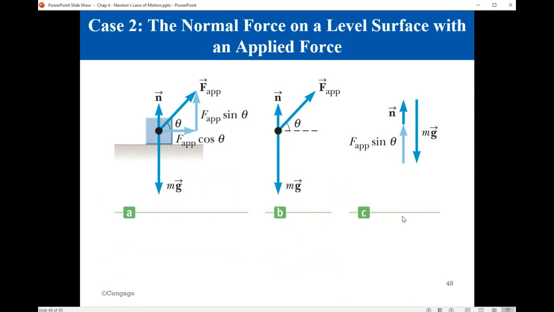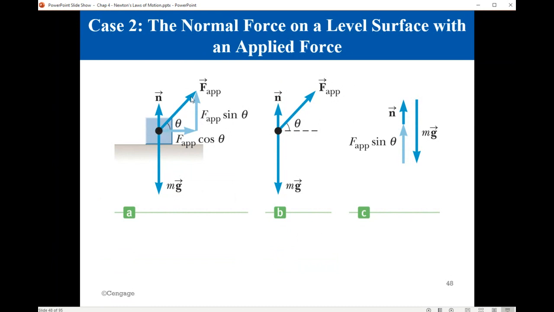Now let us change a few things. Let us add a force and play with the direction of the force and see how this will influence the normal force.